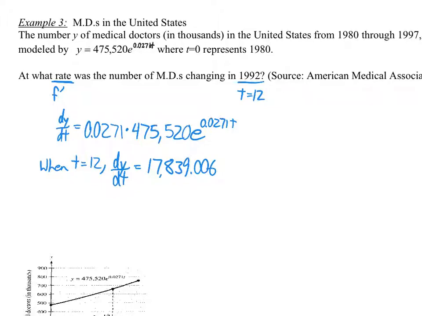So it's that many thousands of MDs per, the dt, the bottom, tells us what it's per. It's per time, and time in this case is in years. So that's how many per year.